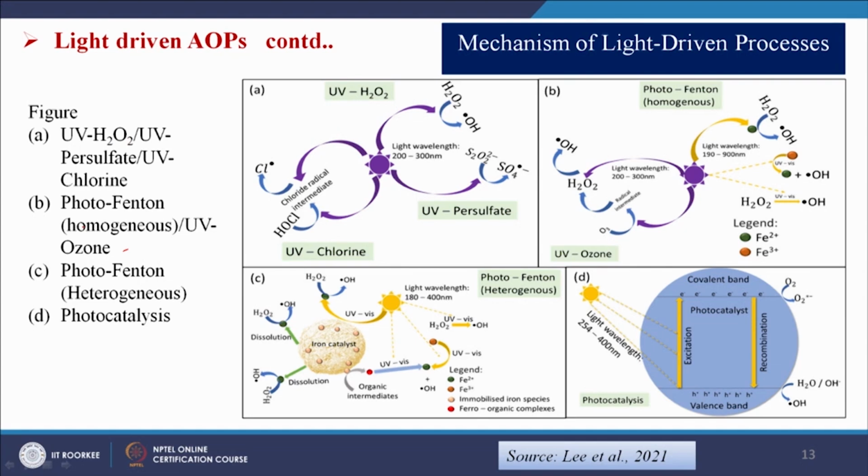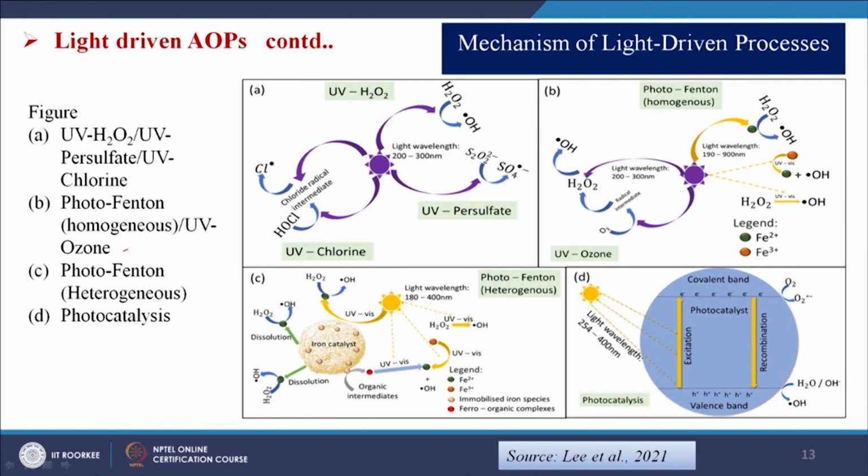Figure A shows three mechanisms. In the presence of UV, H2O2 will be converted to OH dot. In UV persulfate, S2O8 2 minus will be converted to SO4 dot, and in UV chlorine, HOCl will be converted to Cl dot and OH dot. This we have discussed already.